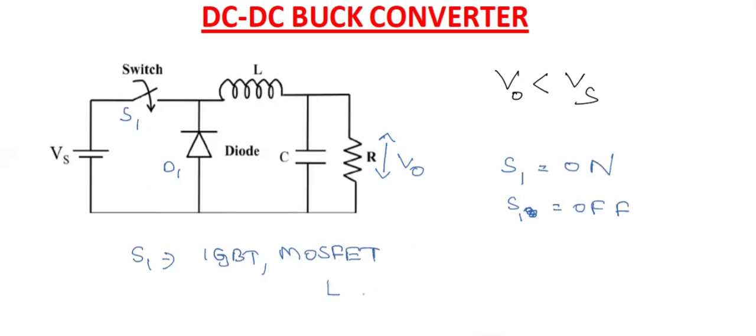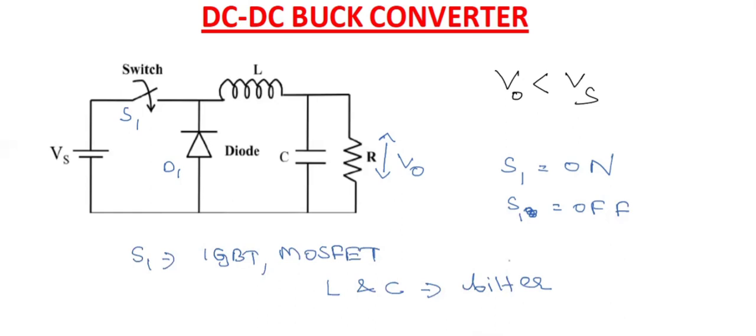L and C, the inductance and capacitance which we are using here, are used for filtering, because the output voltage and current, the inductor current, inductor voltage and the capacitor voltage will have ripples. In order to filter the ripples, we use inductance and capacitance: inductance for current and capacitance for voltage.